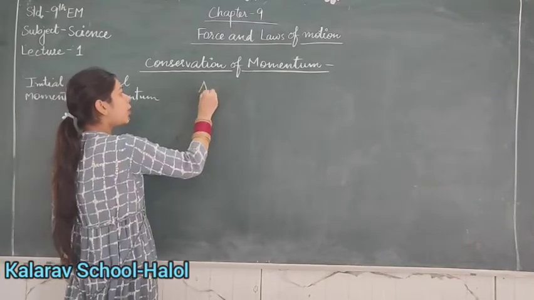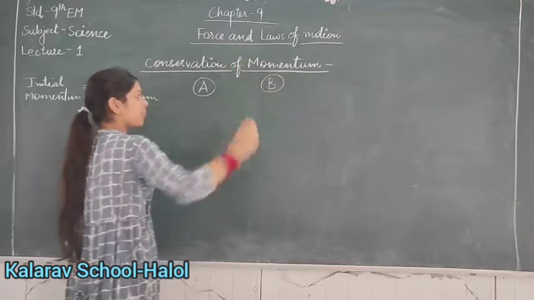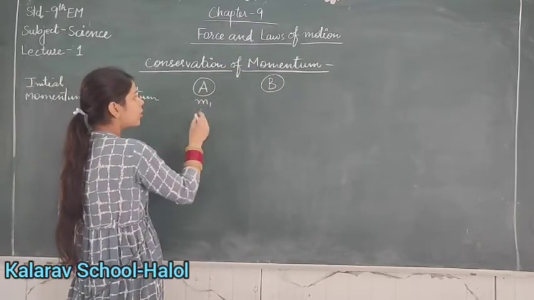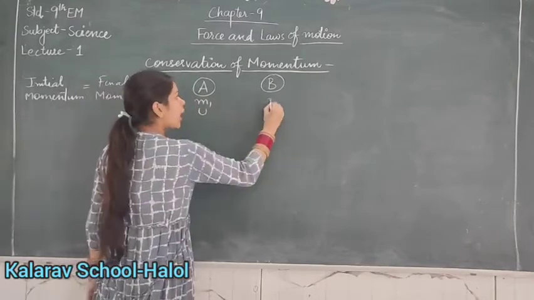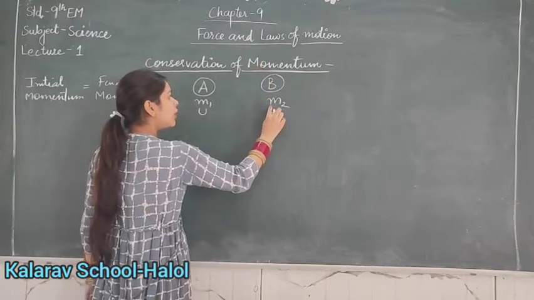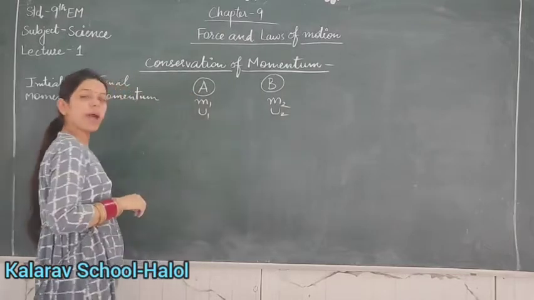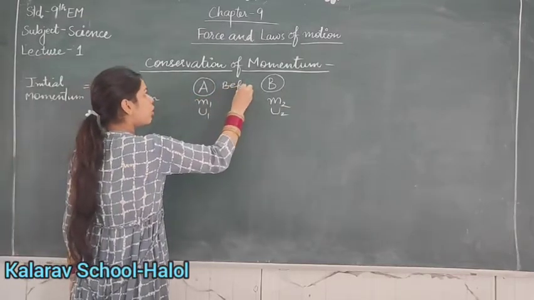So here are body A and body B. Body A has mass m1 moving with velocity u1, and body B has mass m2 moving with velocity u2. This is before collision.